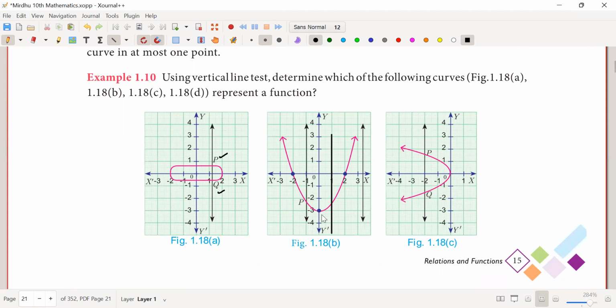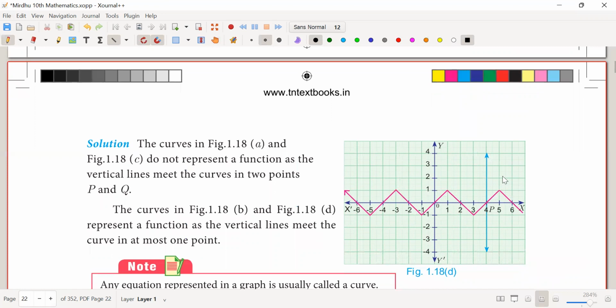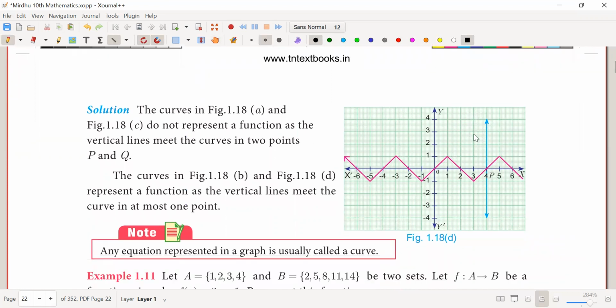Right? So this is a function. For this one, again, it's cutting in 2 places. So this is not a function. Here too, it cuts only in one place. So this is also a function.